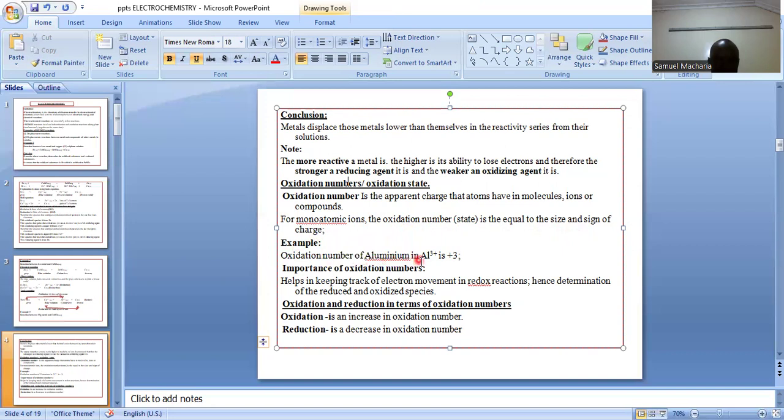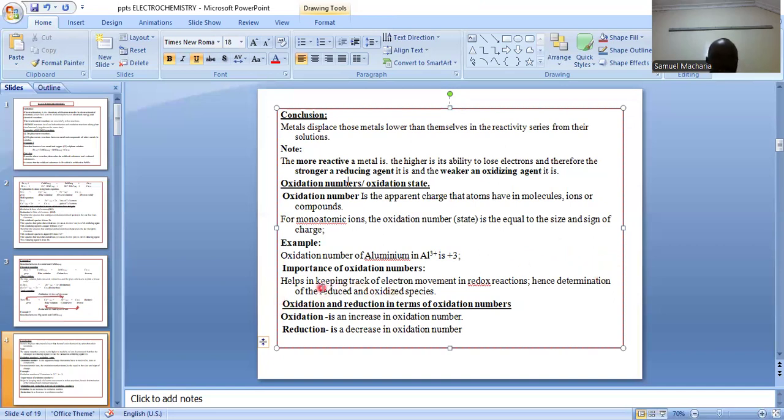For example, aluminum ion Al3+ has an oxidation number of +3. Magnesium ion Mg2+ has an oxidation number of +2. Sodium ion Na+ has an oxidation number of +1.